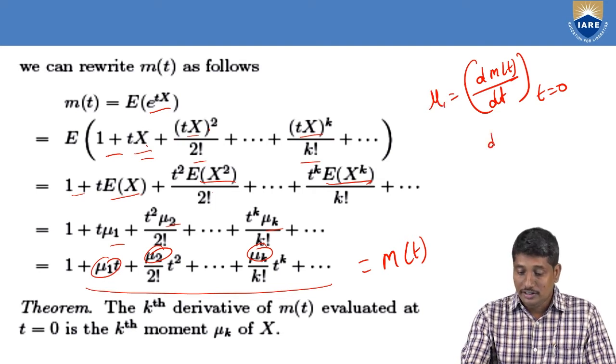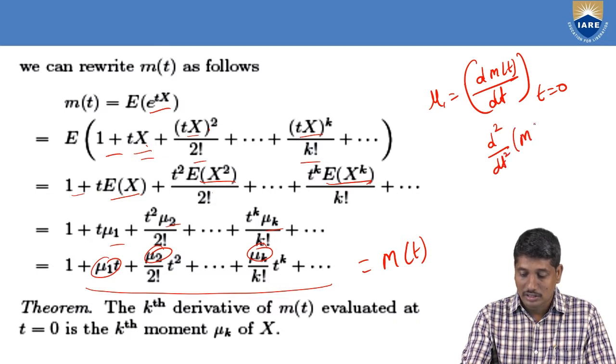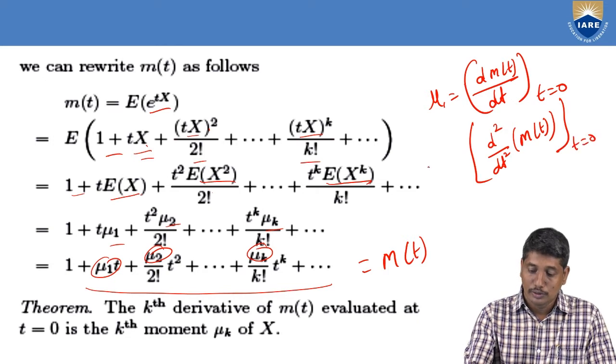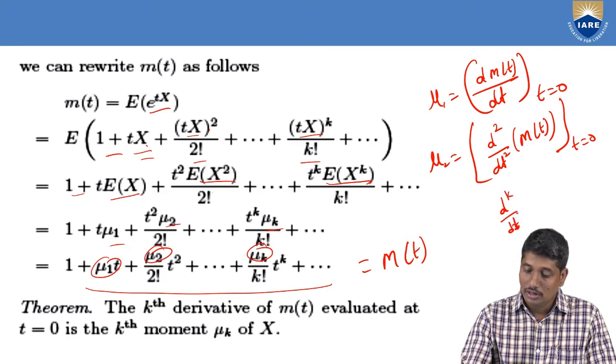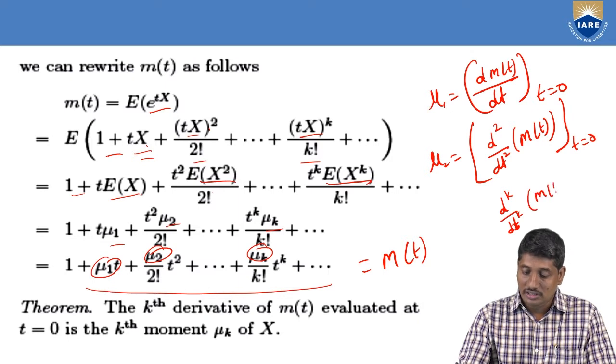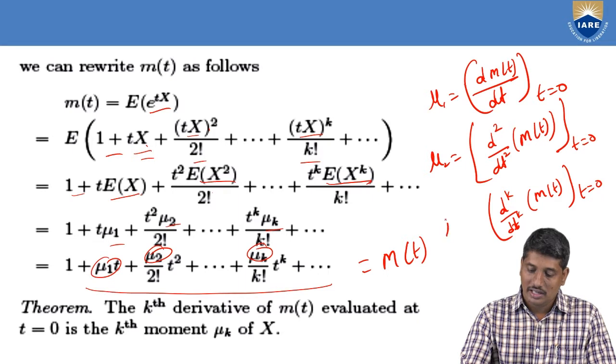If you differentiate M of t 2 times with respect to t and substitute t equal to 0, you will get the second moment. So in general, if you differentiate M of t k times with respect to t and substitute t equal to 0, you will get the kth moment.